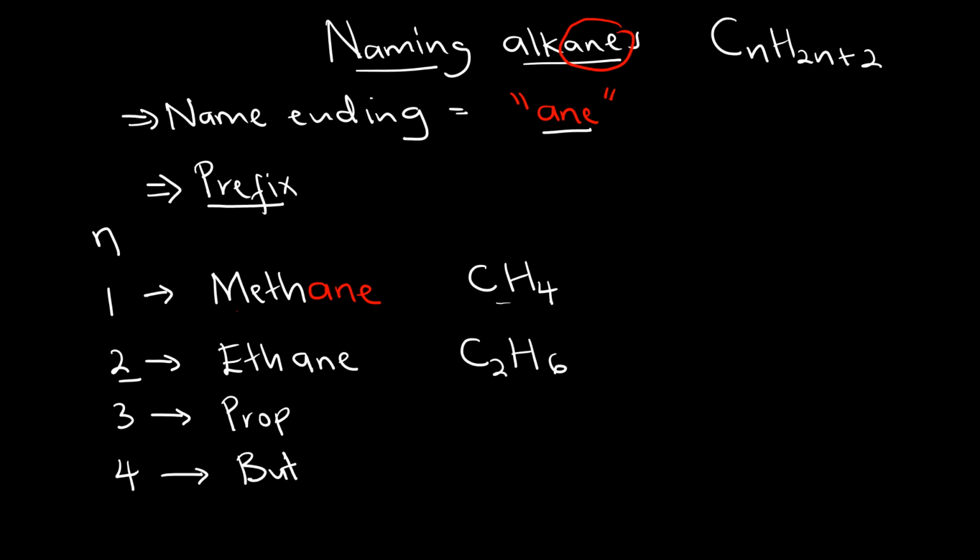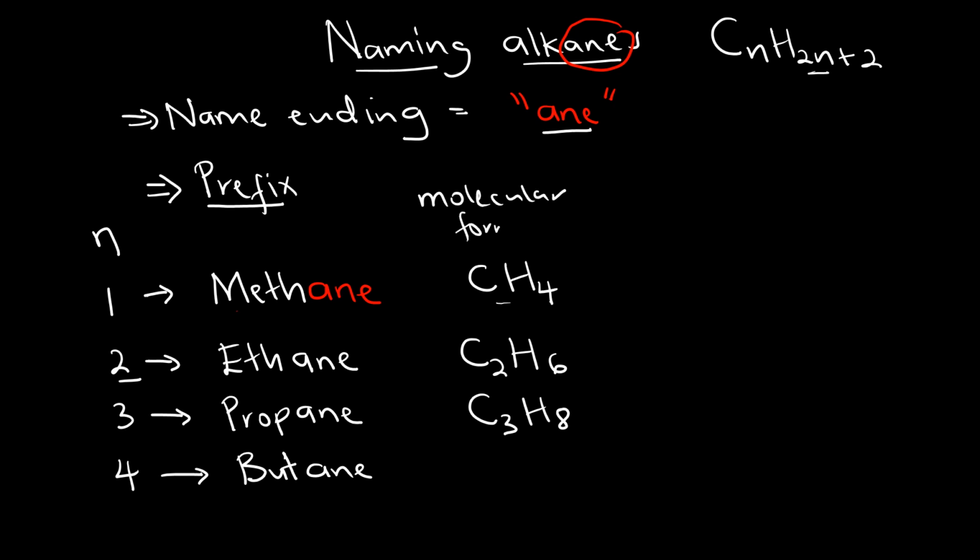C2H6. If the value of N is equal to 3, that is to say if the number of carbon atoms is 3, we shall have propane, which will be C3. 3 times 2 is 6, 6 plus 2 is 8, so we shall have C3H8. And then butane. Feel free to pause the video and see how you can write the molecular formula of butane.